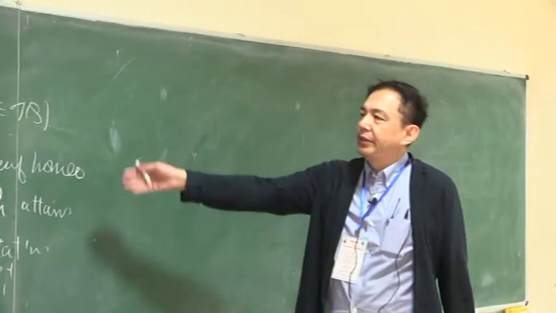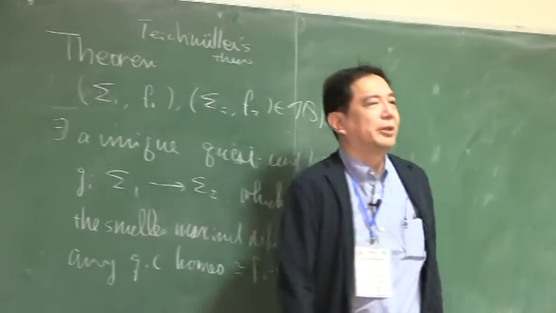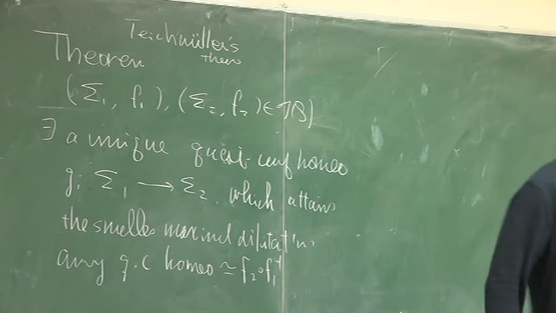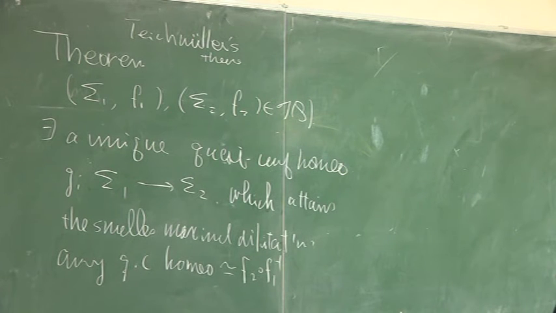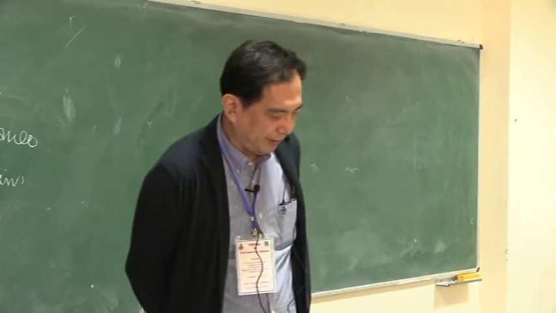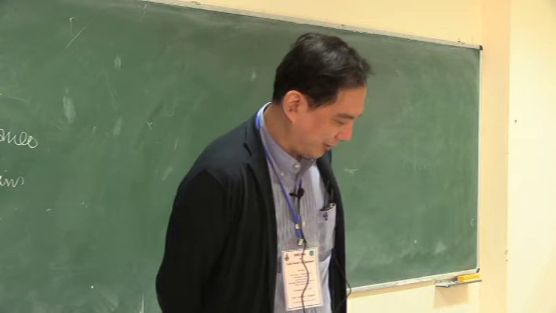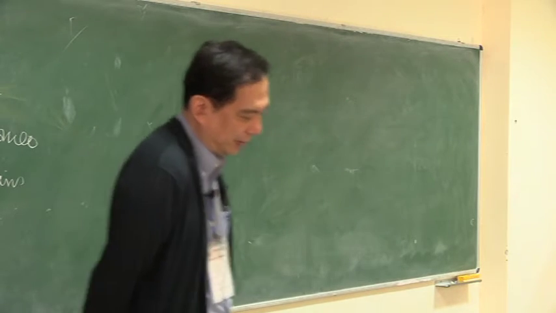So there's a unique map having the smallest maximum dilatation in the given homotopic class. So that's kind of the main thing in the first half of this series of talks.